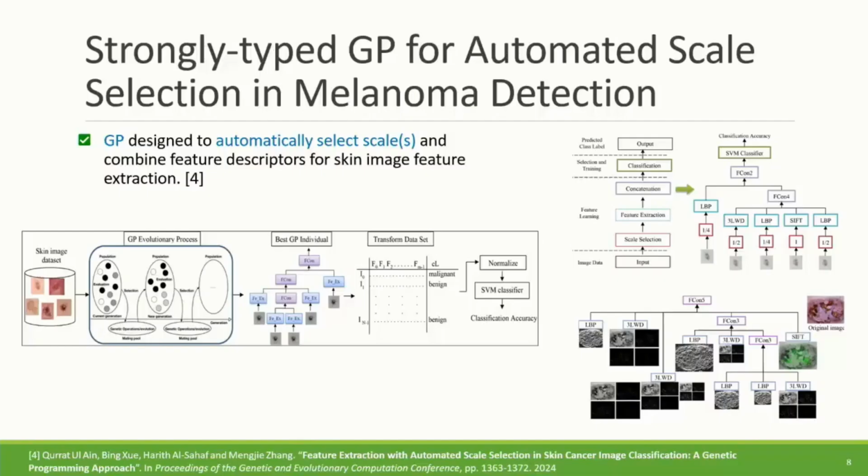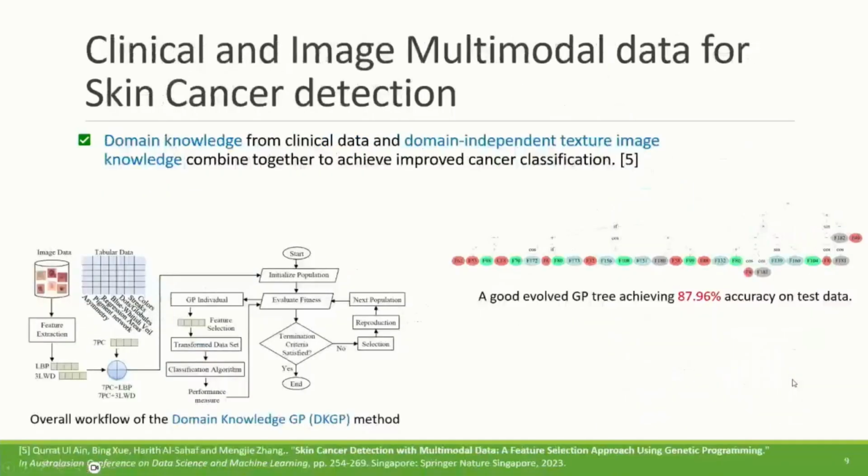We have used strongly typed GP for automated scale selection, because scale is important, because different patterns appear at different scales. And we also have those interpretable trees to look at what are the informative features.